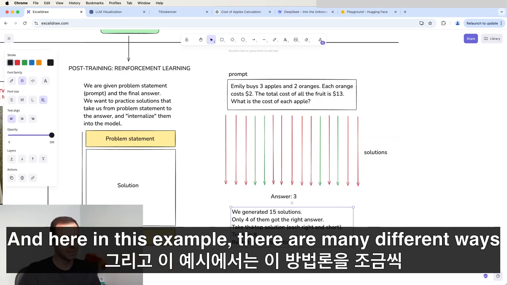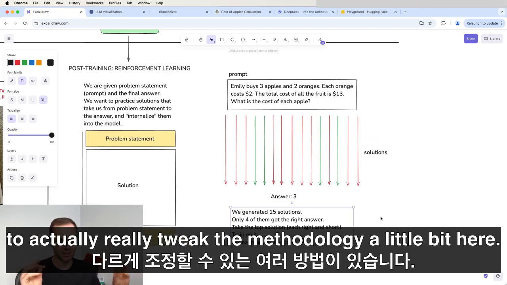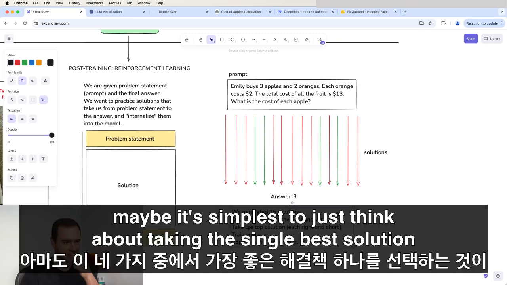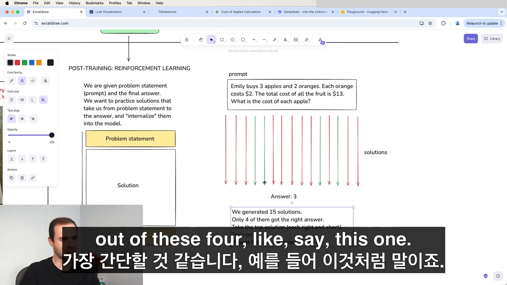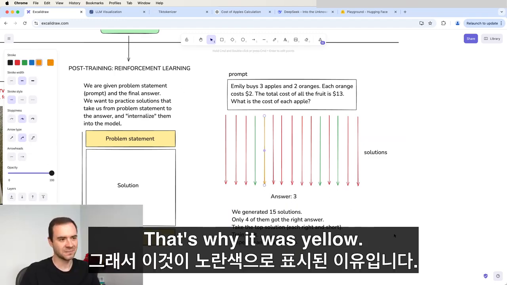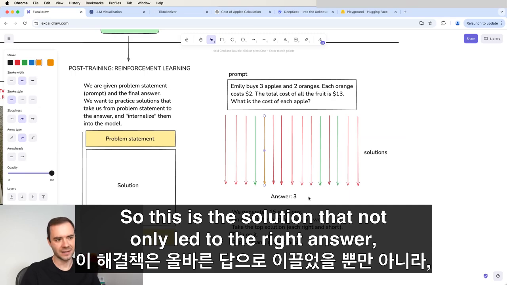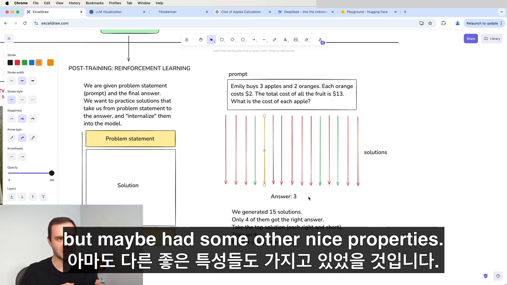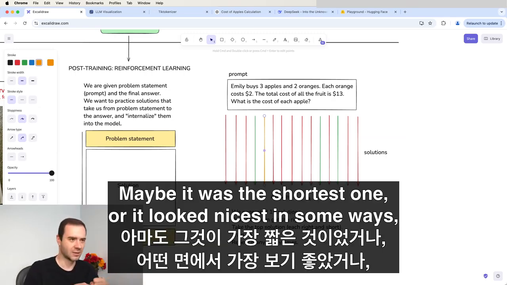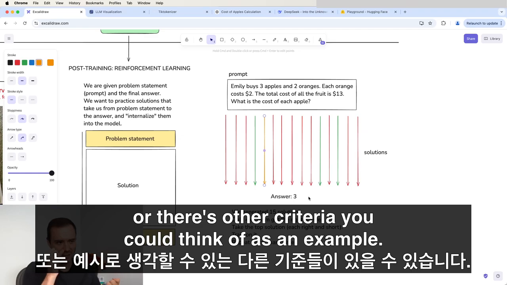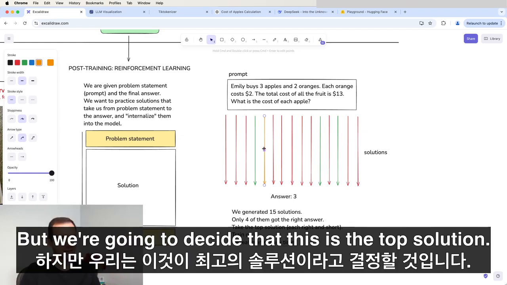In this example, there are many ways to tweak the methodology, but just to give the core idea across, maybe it's simplest to think about taking the single best solution out of these 4, like say this one, that's why it was yellow. This is the solution that not only led to the right answer, but maybe had some other nice properties. Maybe it was the shortest one, or it looked nicest in some ways, or there are other criteria you could think of. But we're going to decide that this is the top solution.